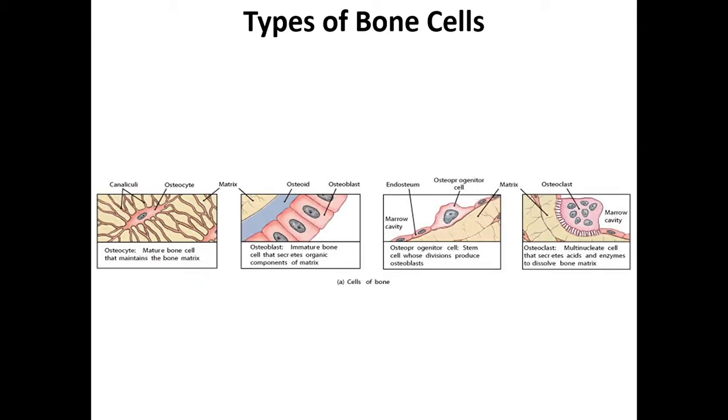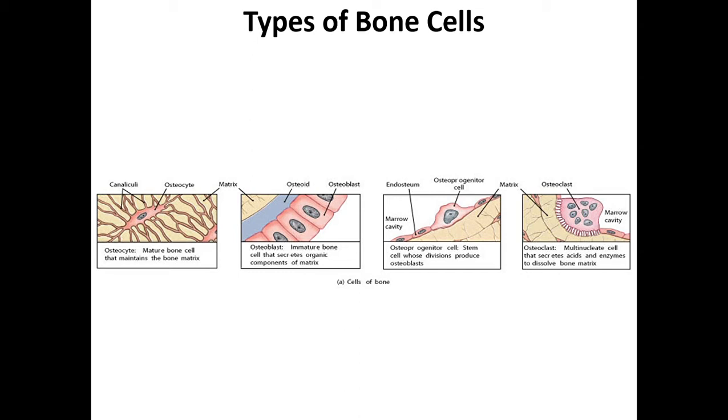The bone cells in the body are made up of actually one precursor of all bone cells. We have the osteogenic cells, and these can be transformed to osteoblasts or osteoclasts. The osteoblast will later on mature to become the osteocyte.